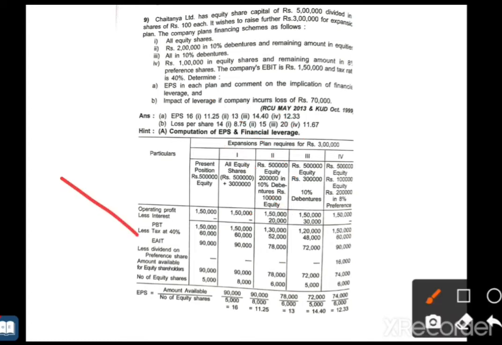And less tax at 40% on the PBT in each plan, and after that we get the profit after tax, that is 90,000, 90,000, 78,000, 72,000 and 90,000. Again we have to less the dividend.